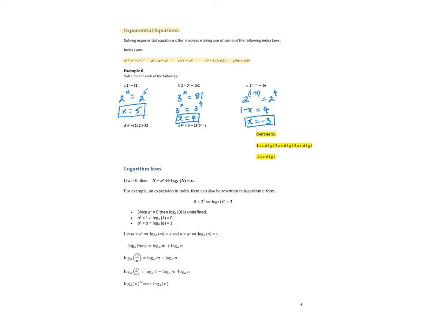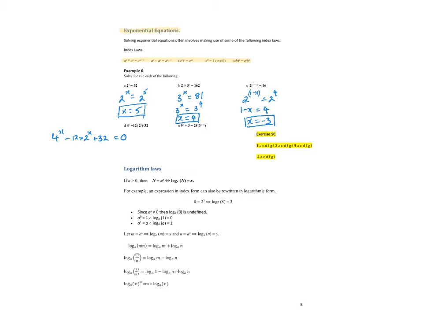Okay, here's what I would consider the nice ones. D and E, they're as close as we get to having to use solving quadratics, I guess, tech-free. So let's have a look a little bit about it first. Let's rearrange everything. Let's get 4 to the power of x minus 12 times 2 to the power of x plus 32 equal to 0.